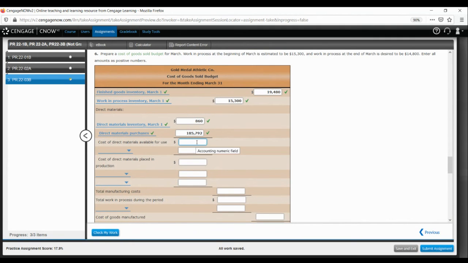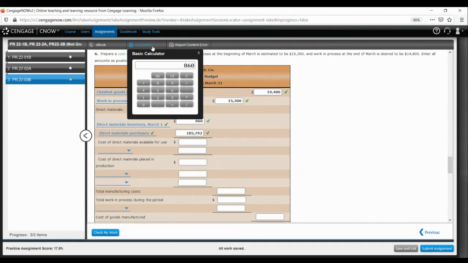The cost of the direct materials available for use would be the total of these two. And that would be $186,652.